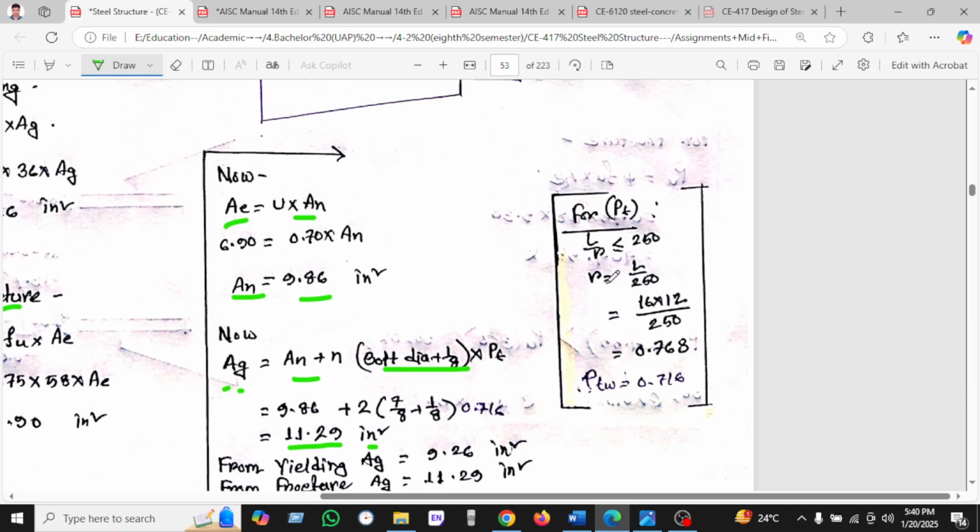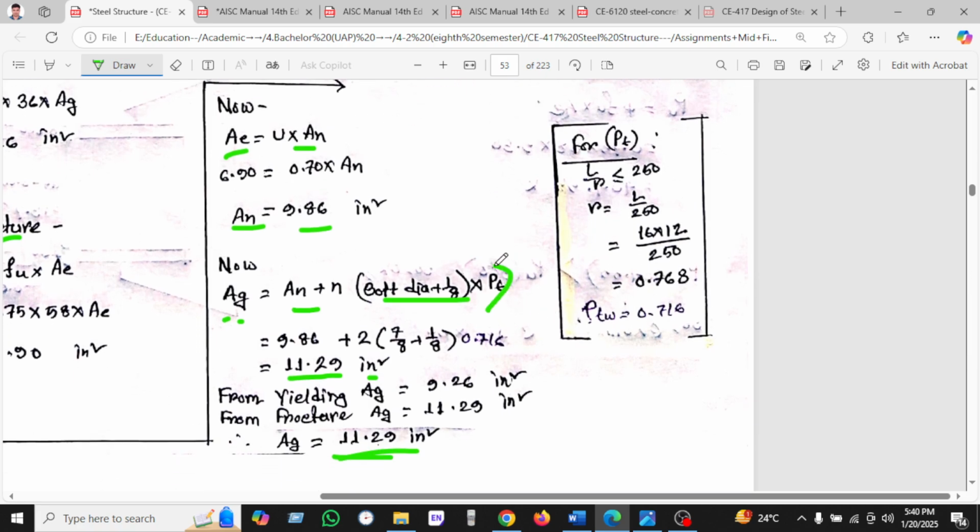Then we will consider another way we will get the r value, or plate load at 0.716. So we are just doing reverse calculation. We have been taking L by r 200 less than 250 and r equal to L divided by 250.